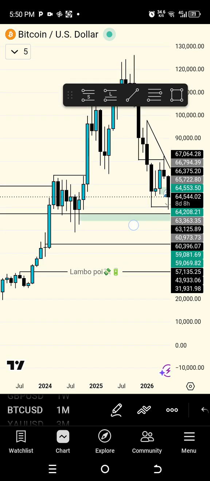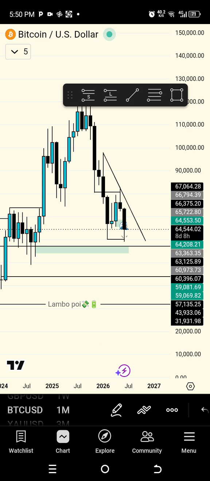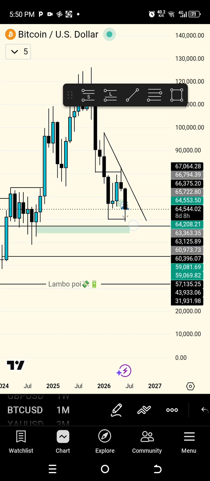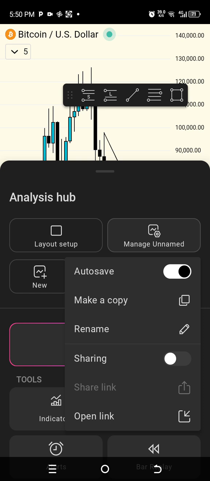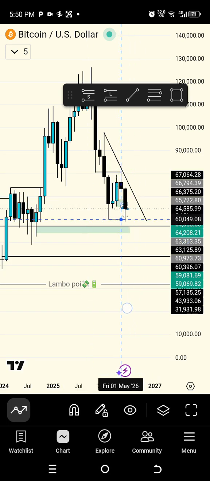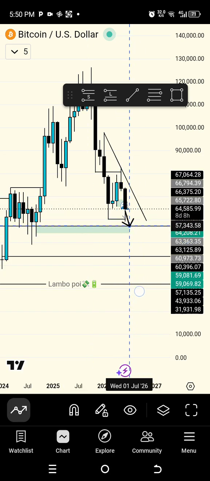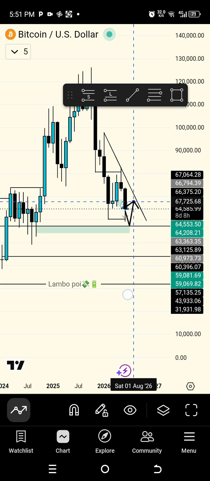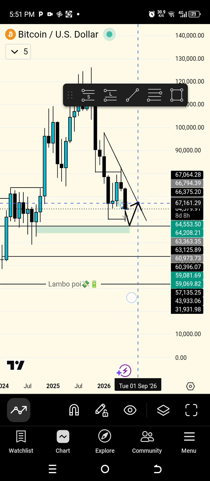I'm expecting price to come to this place, give us a little buy up to this trend line to continue the sell.